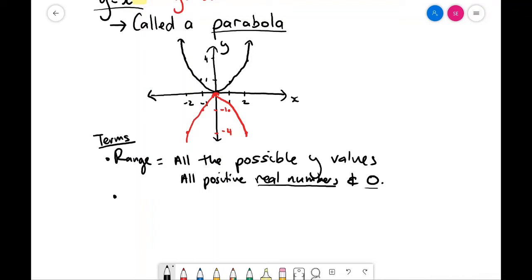Now we want to look at the axis of symmetry. The axis of symmetry is the line about which the graph is symmetrical.